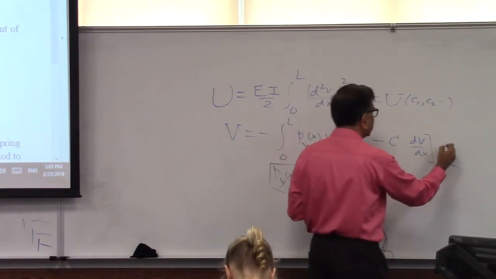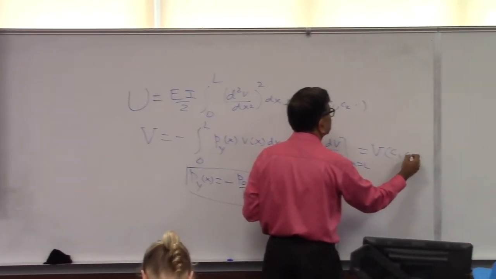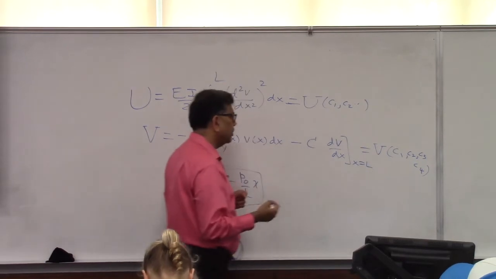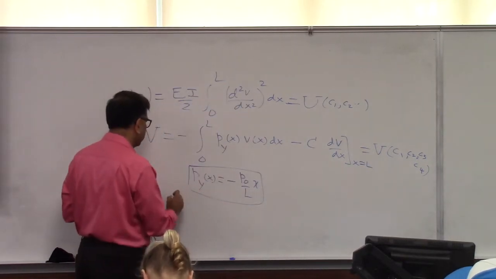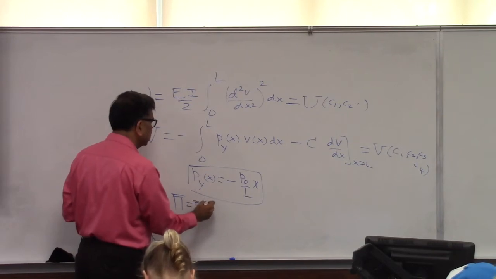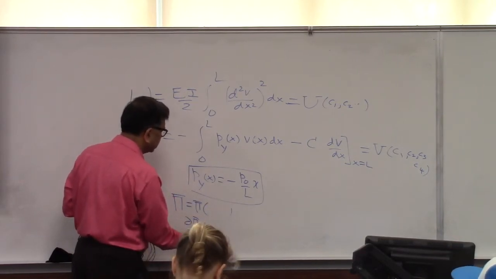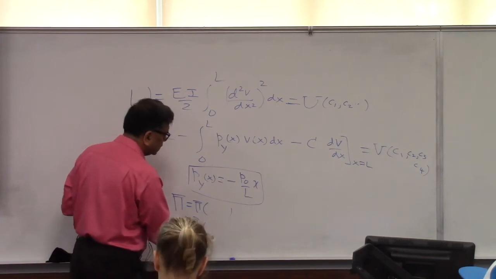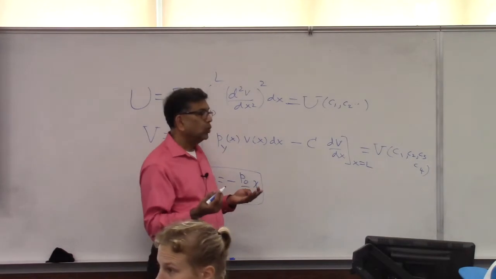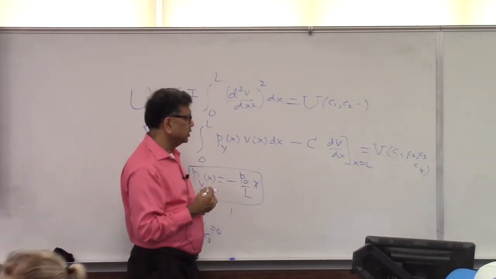So by the end of the day, your v will be in terms of C1, C2, C3, C4, whatever is left, after you impose the boundary conditions. Then you evaluate pi in terms of the constants, and finally you differentiate pi with respect to the various constants you have in your problem to solve for them. Once you find the unknown constants, you have an approximate deflection shape.